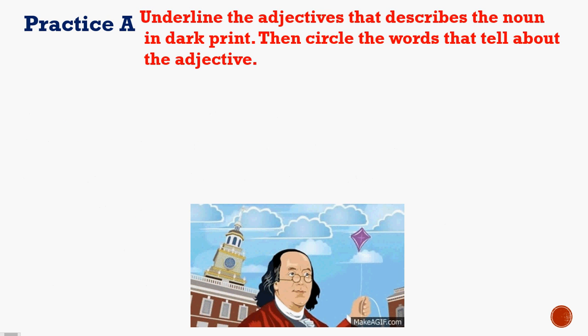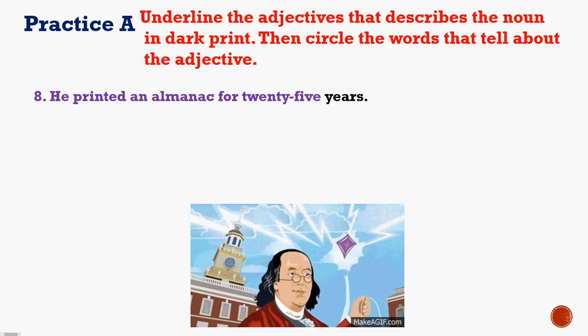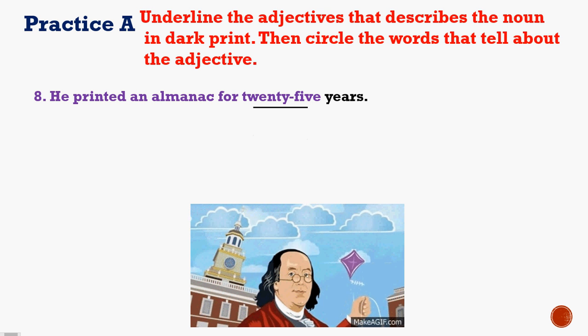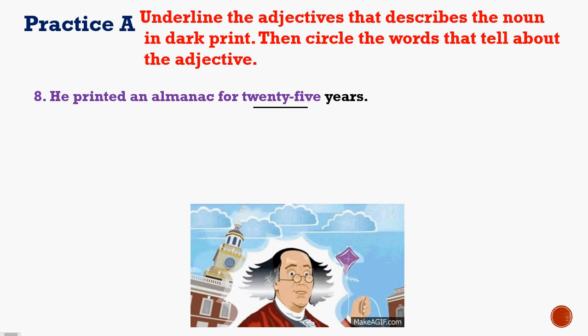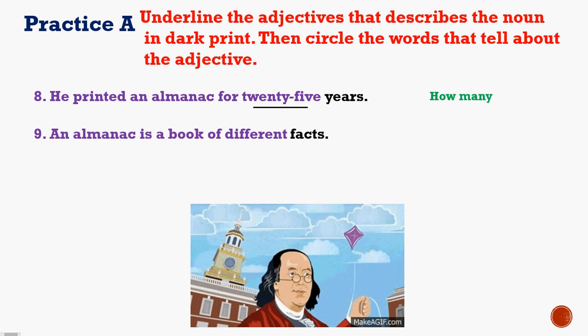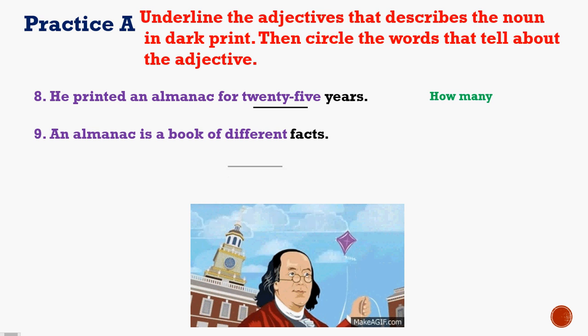Number 8. He printed an almanac for 25 years. The noun is years, and the adjective is 25. 25 is about what kind or how many? Good job. It's about how many. Okay, now, number 9. An almanac, it's a book of different facts. The noun is facts, and the adjective is different.